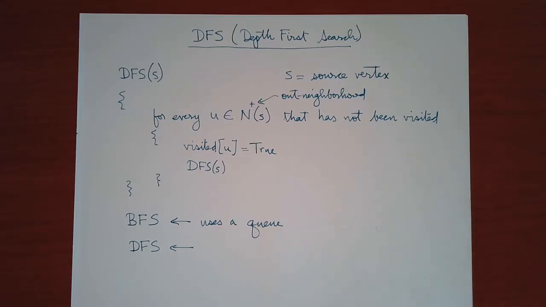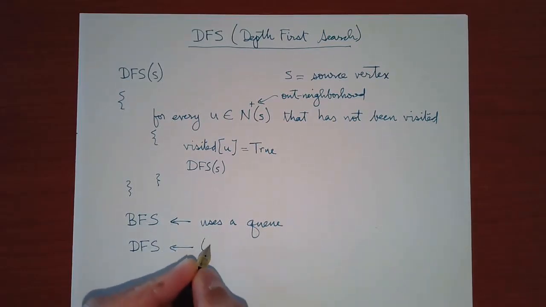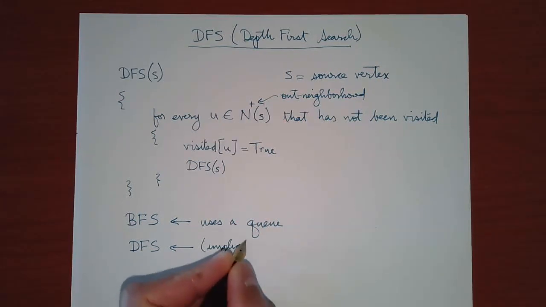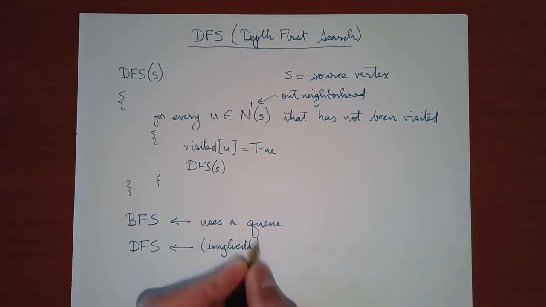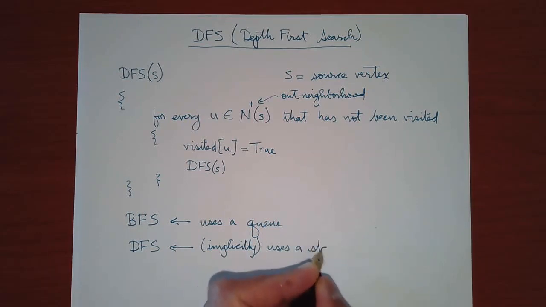And what is the data structure that captures recursion? It's a stack, right? And so DFS effectively, or I'll say implicitly, you can do it implicitly or explicitly, uses a stack.